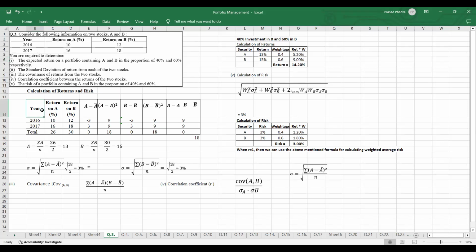So basically, as you can see here in the steps, first you will calculate A bar, B bar. Now here there are only 2 years. If there are 3 or 4 years, then you will just add the number of years. So the first step is to calculate the average, then the standard deviation, then the correlation coefficient or covariance, either of the two, whichever you feel like using. And once you calculate this, you can substitute values in this formula and get the risk of the portfolio.